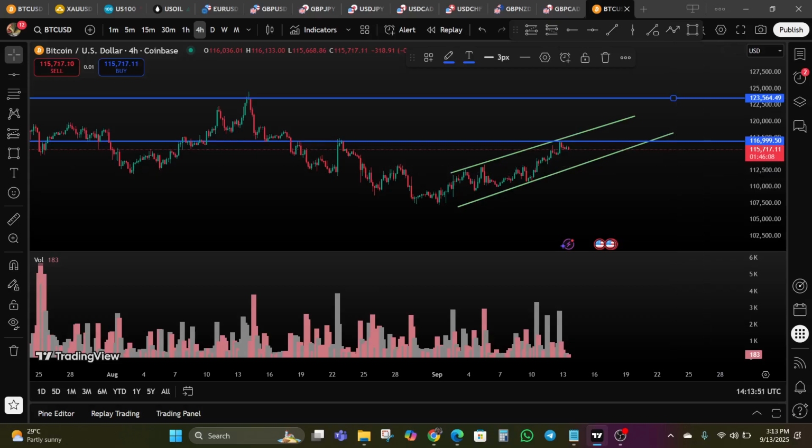And this is why traders often say volume confirms the move. By paying attention to the volume indicator, you can reduce the chances of being caught in fake breakouts.